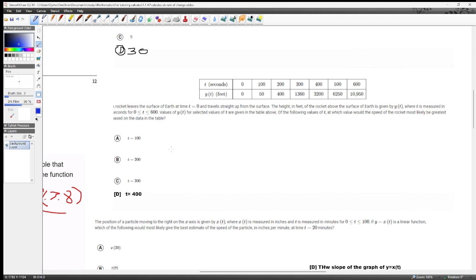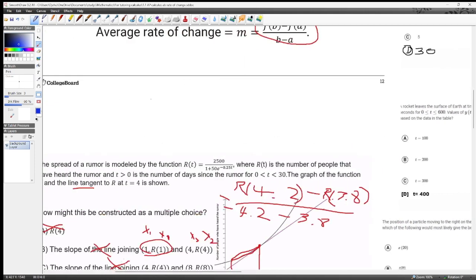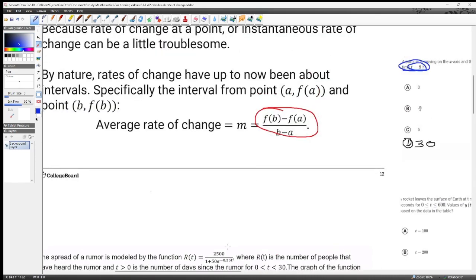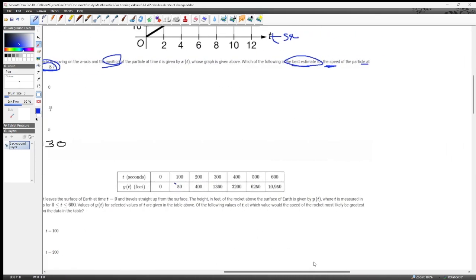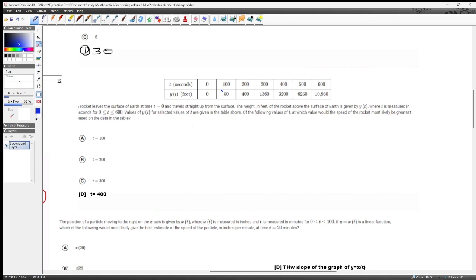So we're going to use again the average rate of change formula, which is y2 minus y1 divided by x2 minus x1. We're going to do it for all of these answer choices to see which is our best choice.